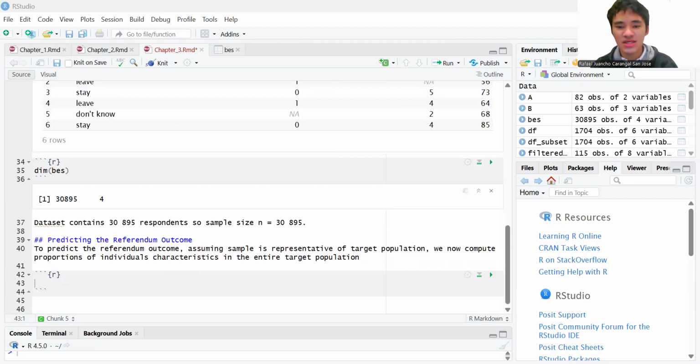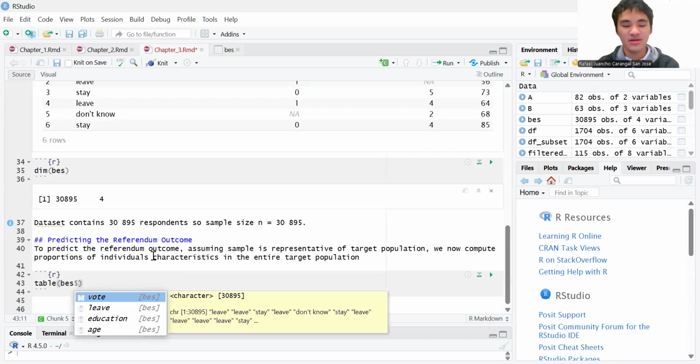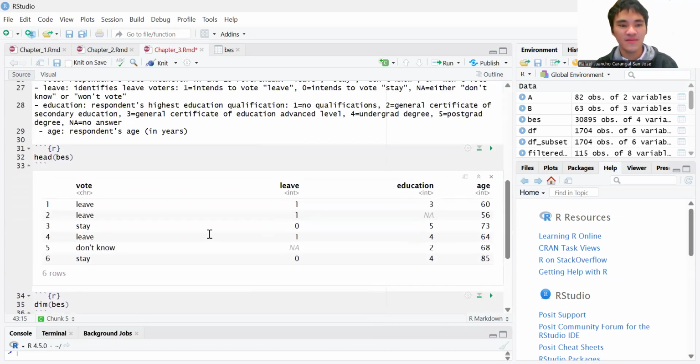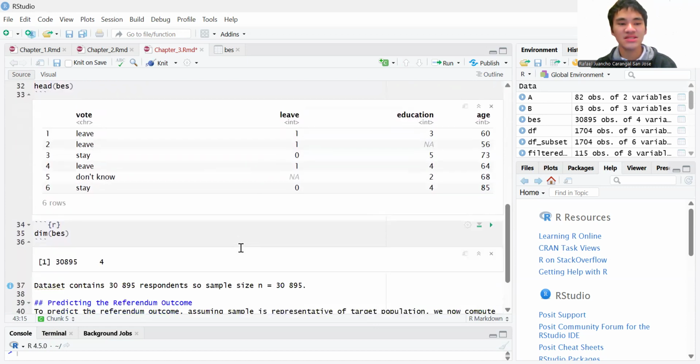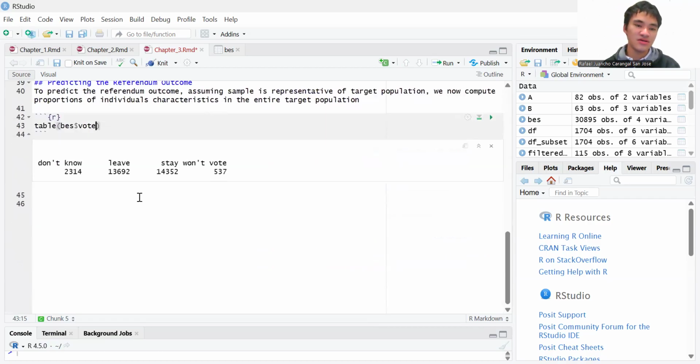So in this case, we do table of our data, and we just need one variable. We're gonna do vote. We want to determine how many said leave, how many said stay, how many said don't know, how many said won't vote. Here we see the categories: don't know, leave, stay, won't vote.